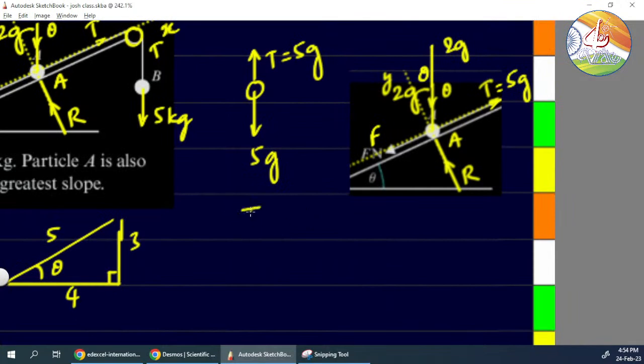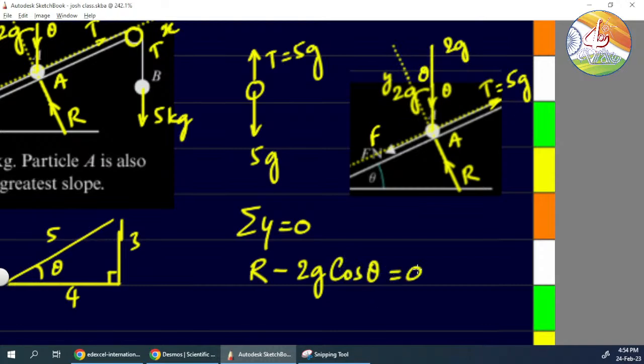For R we need to take sigma y equal to 0, right? Forces in the y direction. So how many forces are in the y direction? We have R that is acting upwards, minus, because the component of this will act downwards. What is that component? 2g times sine or cos, because it is inclined to the y axis. 2g times cos theta.